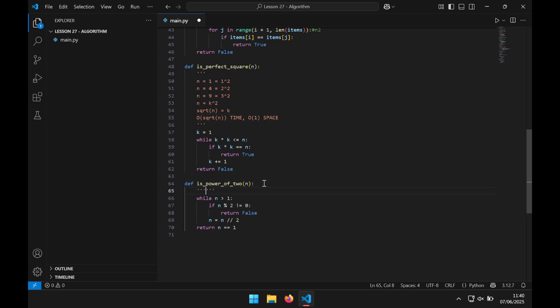Now let's take a look at the last example. In this case, n is divided by 2 until it's equal to 1. So n divided by 2 equals n divided by 2 raised to the power of 1, and n divided by 4 equals n divided by 2 raised to the power of 2.